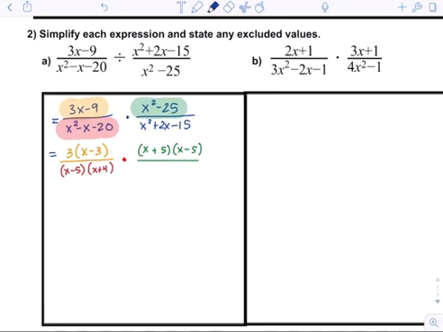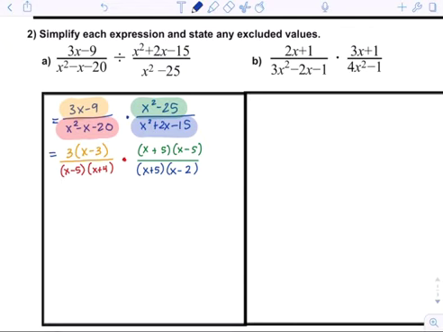And then this last one, factor out that trinomial. Two things that multiply to negative 15, but when added give you 2. That is going to be plus 5 and minus 2.